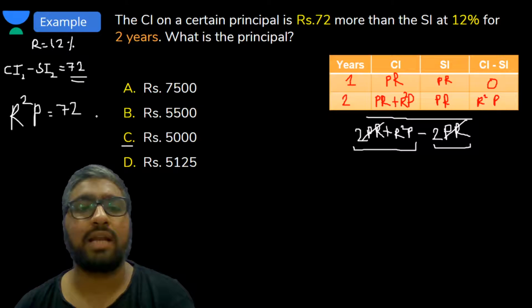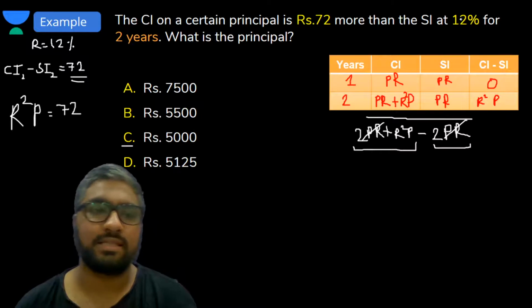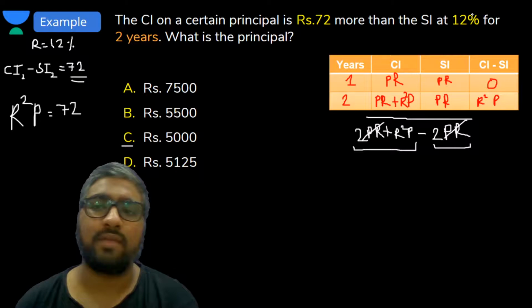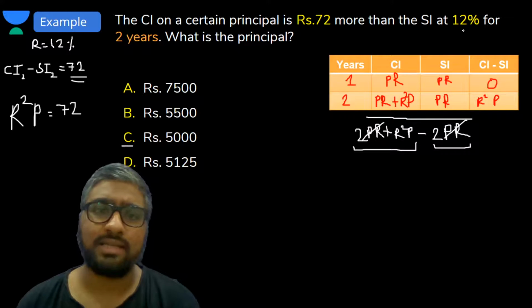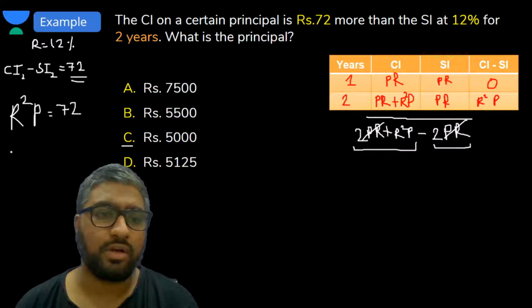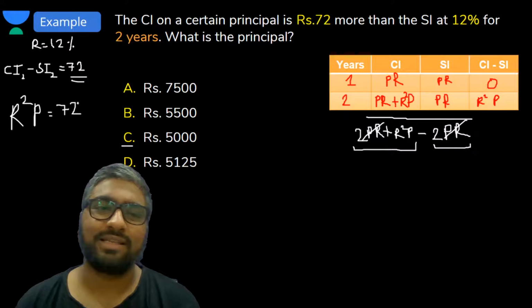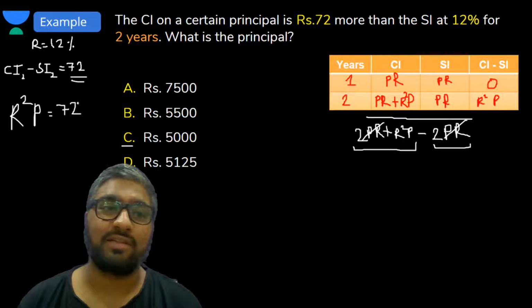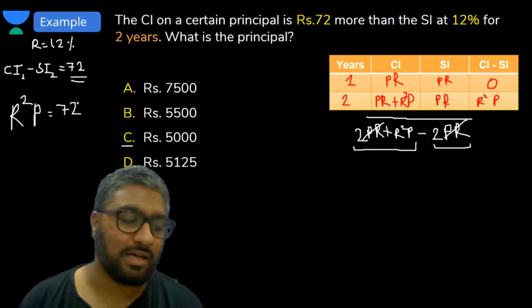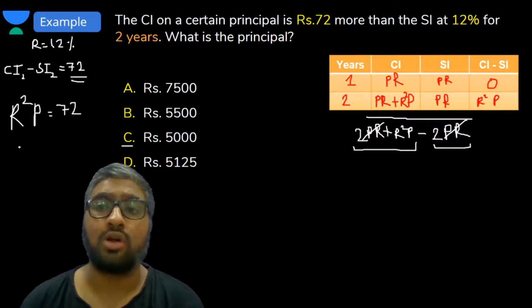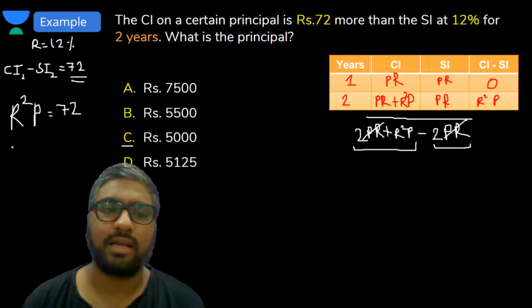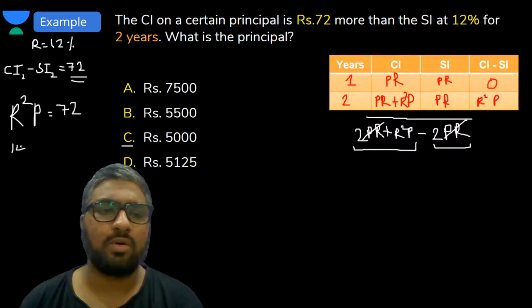And you know R is nothing but 12%. Yes. R is nothing but what? 12%. 12% square would be what? 144 by 10,000. Yes, if you want to cancel it, go ahead and do that. But since the other number is 72, something that we can directly deal with and cancel, I think it's better we stick to not taking the square. Right? If you want, you can go ahead with that also.